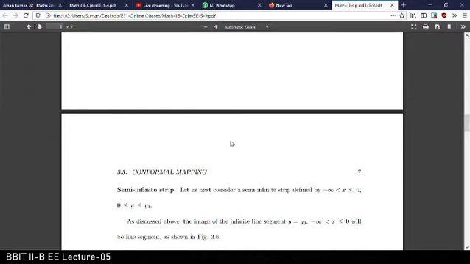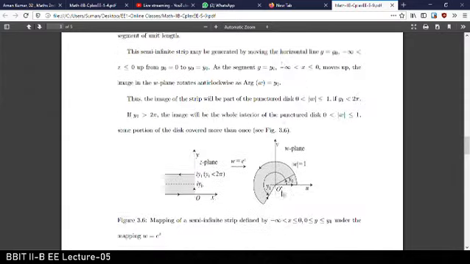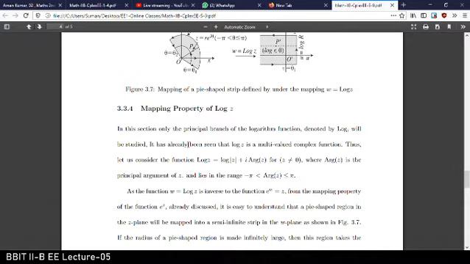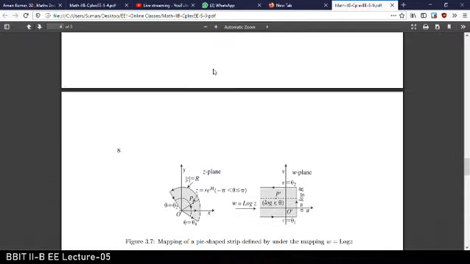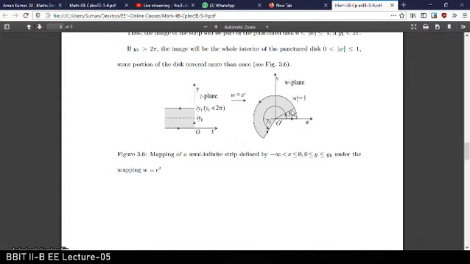This part is a little difficult, you have to study 5 to 7, right? And this one is just the reverse, means under this mapping log z, this will be mapped to this type of thing. So if this is the domain in your z plane, this will be your image on the w plane, just the inverse.